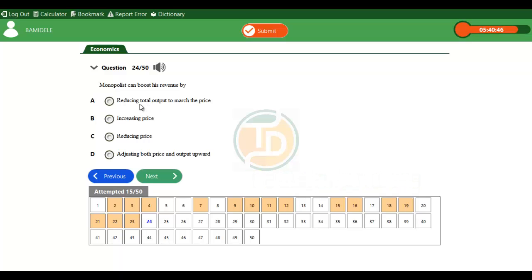And for commodities that have inelastic demand, the price of that commodity is directly related to total revenue. Commodities that have inelastic demand are those of necessities, or commodities that do not have substitutes. Example, electricity in Nigeria, education in Nigeria. These commodities do not have substitutes.